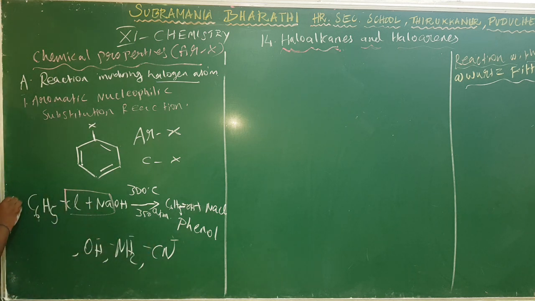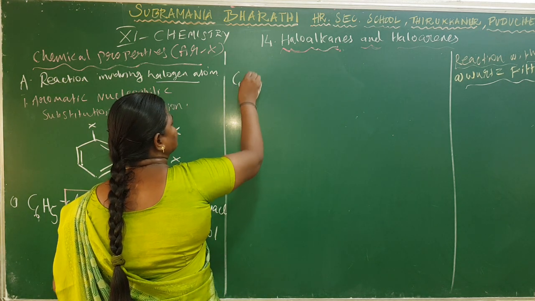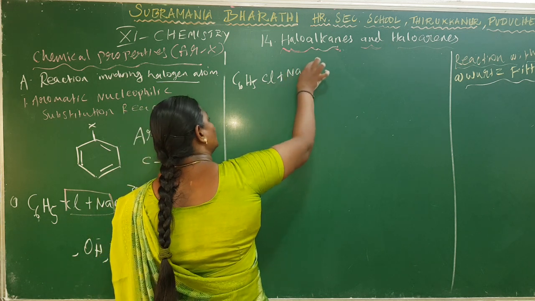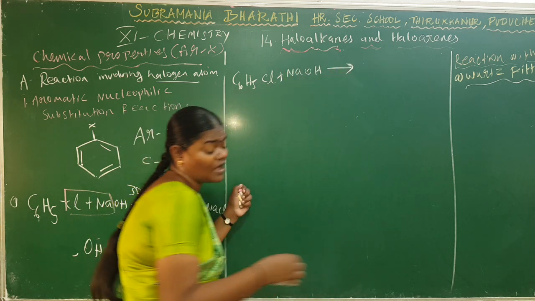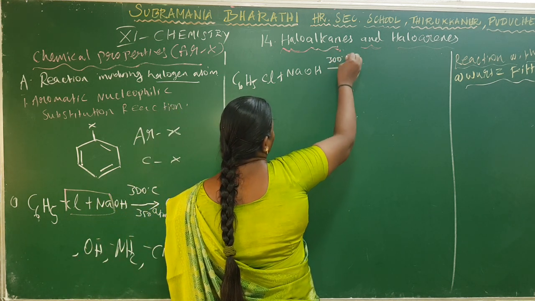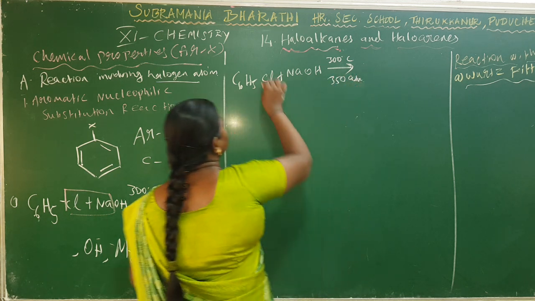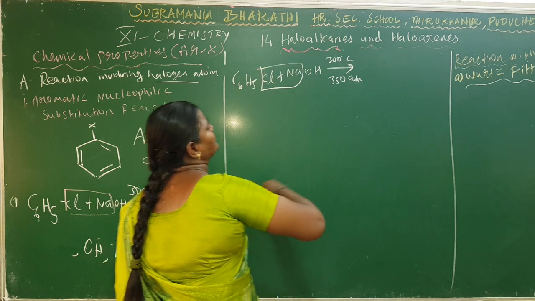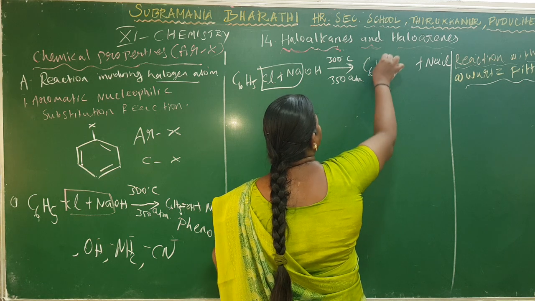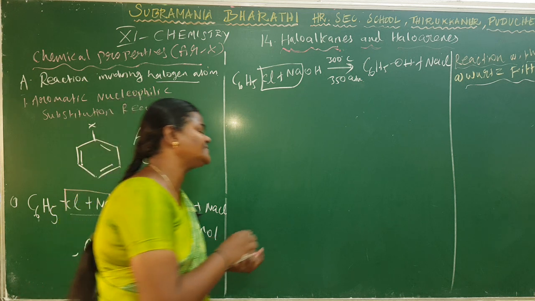So first we take the simplest reaction. Again I am telling, chlorobenzene C6H5Cl reacts with sodium hydroxide in the presence of temperature 300 degrees Celsius and 350 atmospheric pressure. The chlorine and sodium are directly linked, so sodium chloride is removed and C6H5OH is formed, a benzene ring directly attached with the OH group.